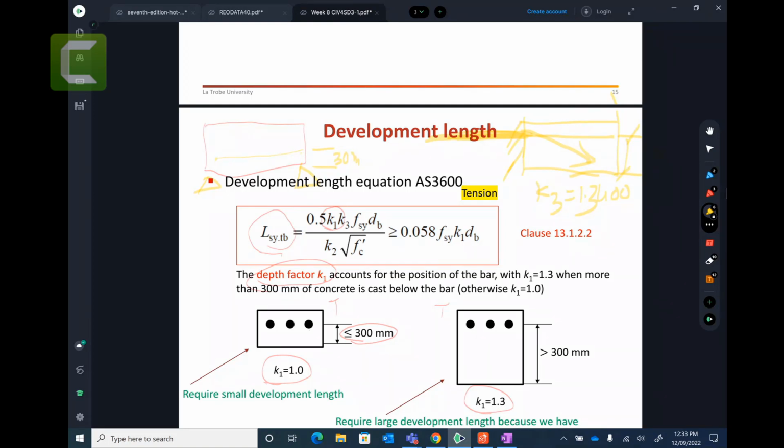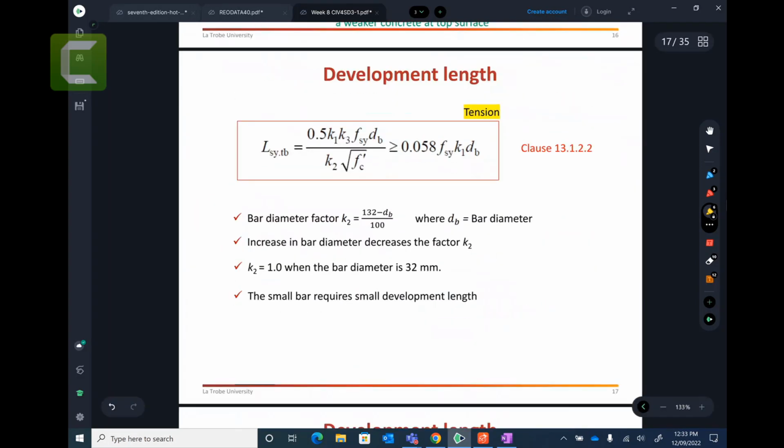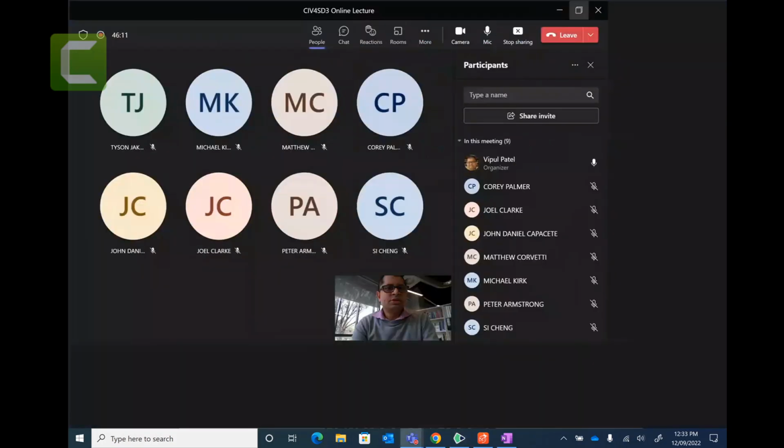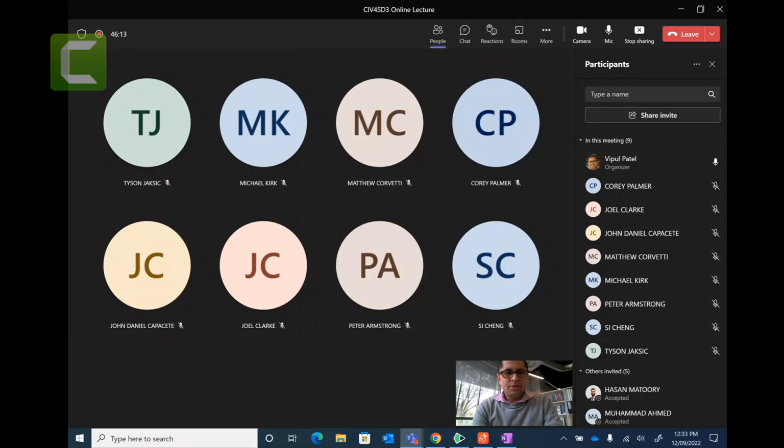If the tensile Rio is at the bottom of your beam, slab or column, you take K1 equal to 1. Any questions on K1? Just unmute and say, hey Vipul, this K1 does not make sense.